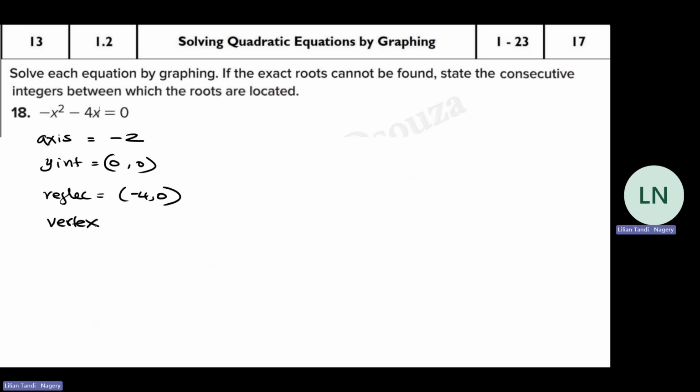My vertex is the axis of symmetry, and plug it back in there. So negative 2 squared minus 4 times negative 2. That should give you negative 4 plus 8. That should give you 4. So that is negative 2, 4.